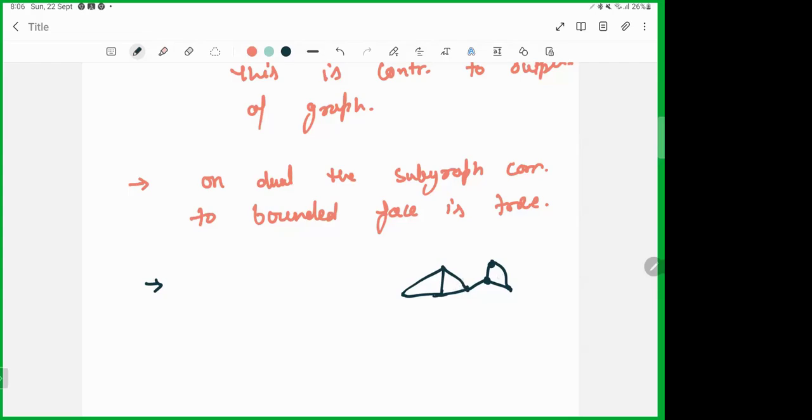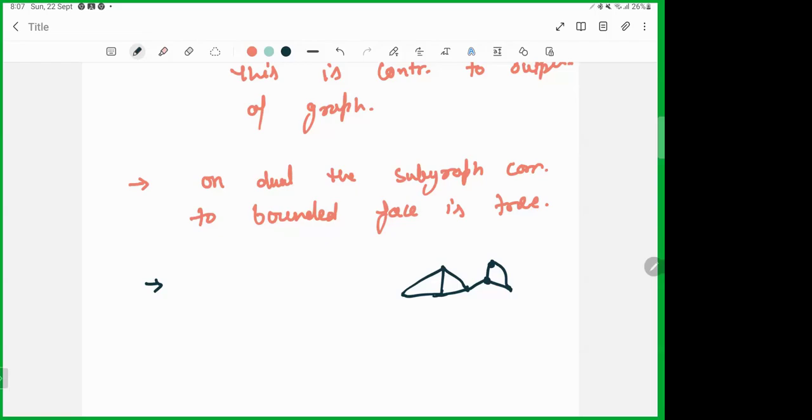What I was trying to say is that the region corresponding to the leaf, if it were such that suppose there were no vertices with degree 2, that means either a loop occurred somewhere, or another bounded region started from there.